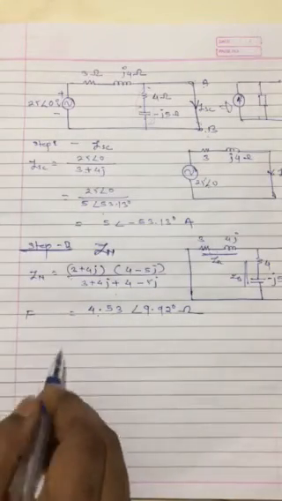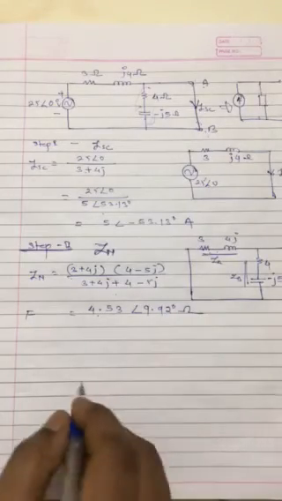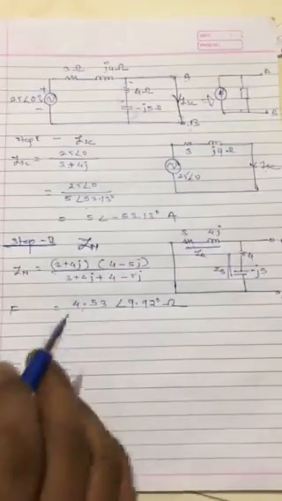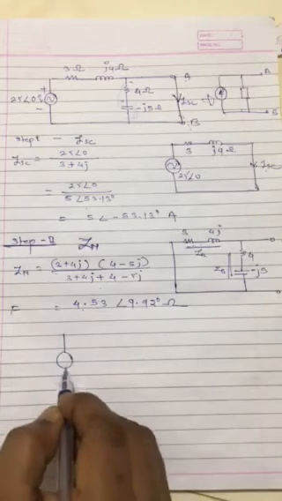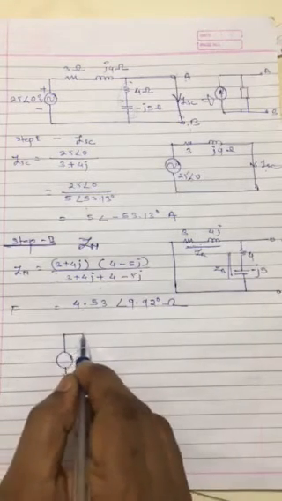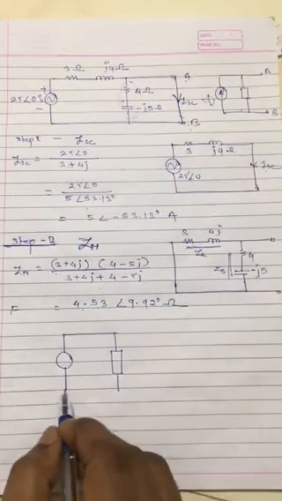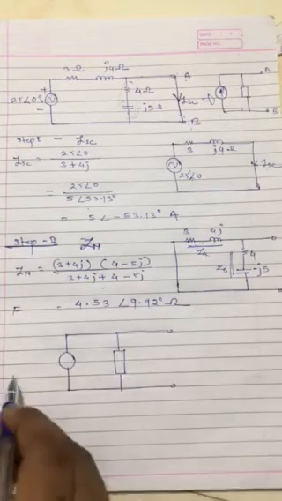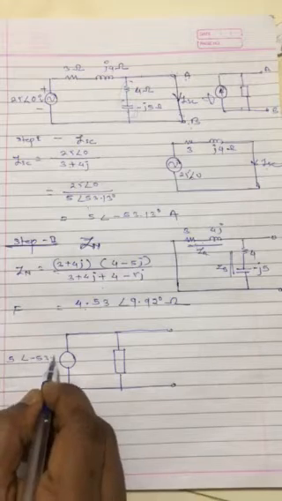Now, to represent this as the Norton equivalent, how do we represent it? As I said, this is our final target. So simply put all the values in the equivalent circuit like this. See, I am showing it. This is 5 at an angle minus 53.13 ampere.